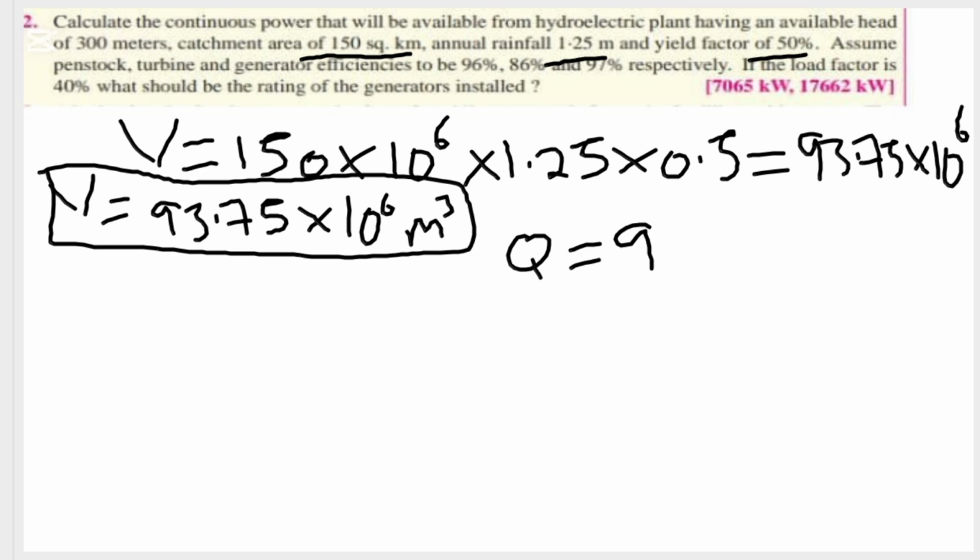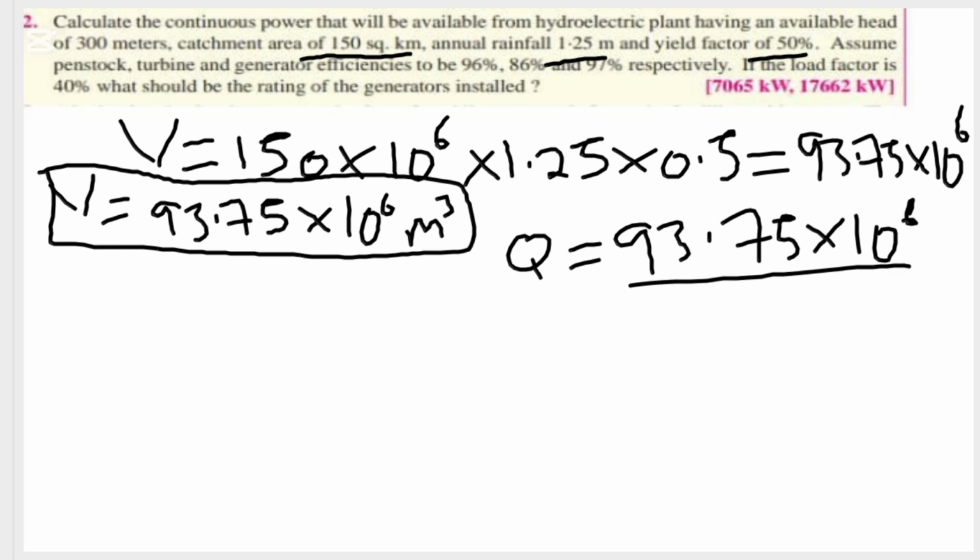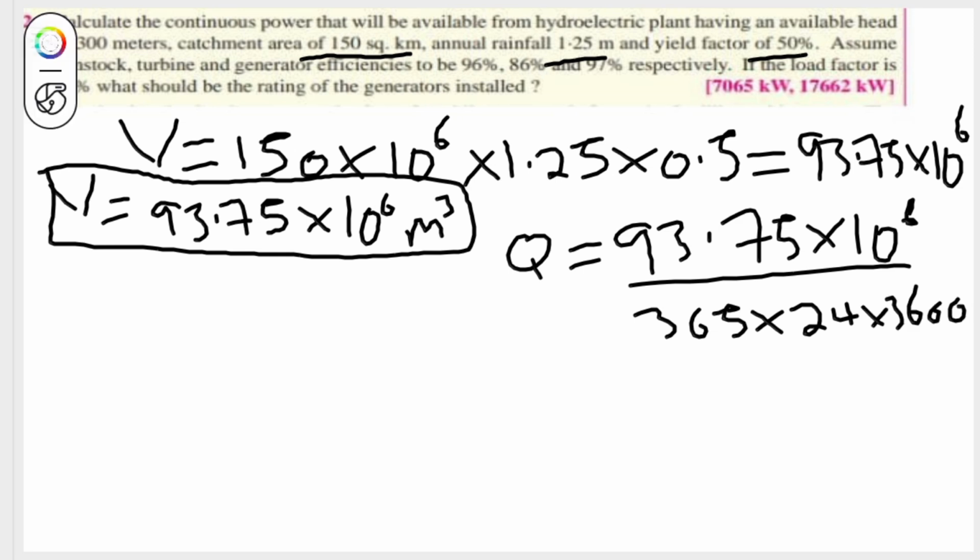So I will say 93.75 times 10 to the power of 6 divided by 1 year, and therefore multiply by hours in a day, and multiply by seconds in an hour.